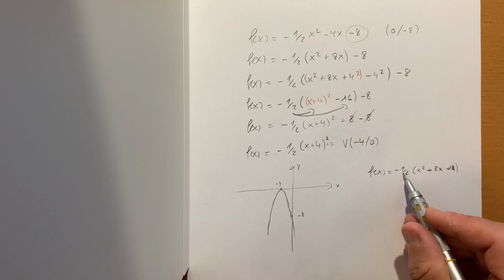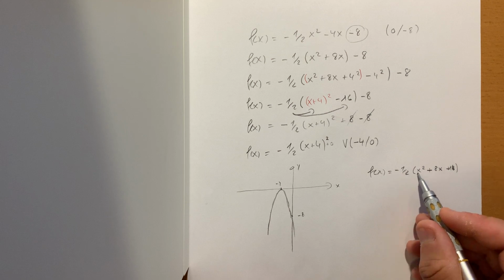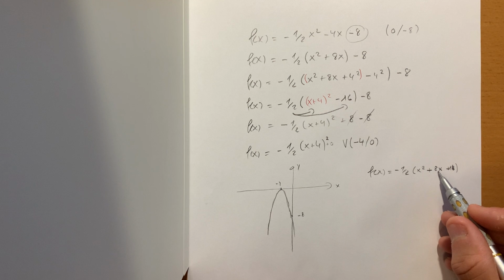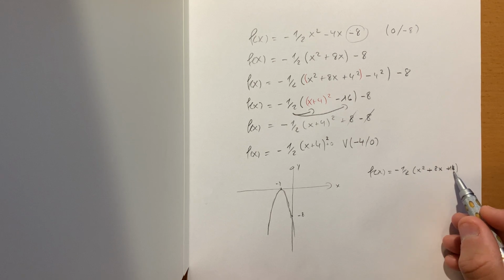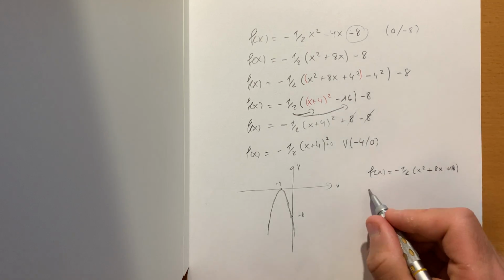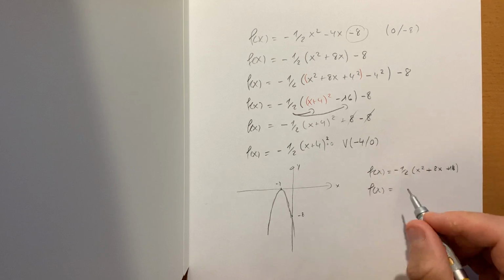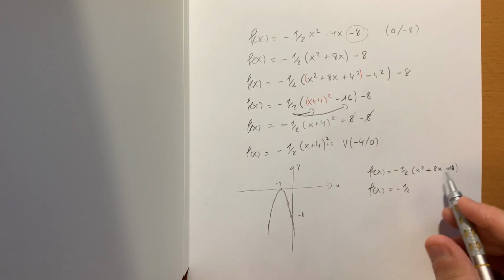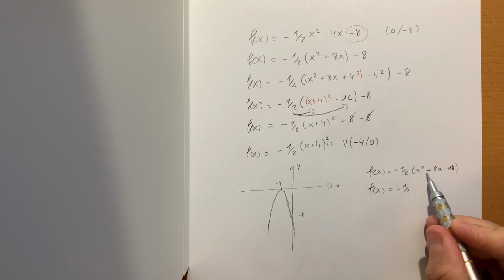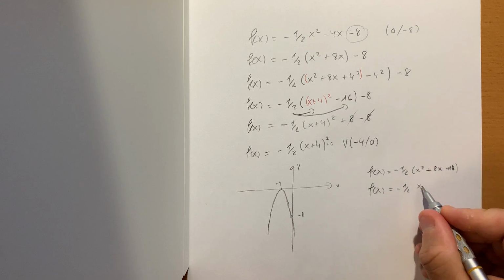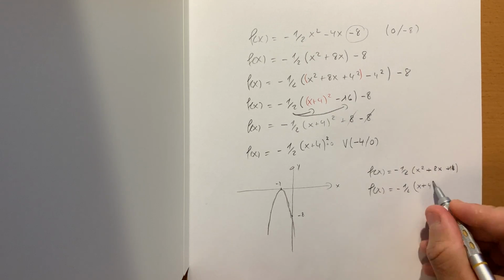If you multiply it out, if you distribute, you get minus 1/2 x squared minus 4x and minus 8. Why is it beneficial? This is one of the rare examples. It's pretty clear because this is now a binomial formula. This is just x plus 4 squared.